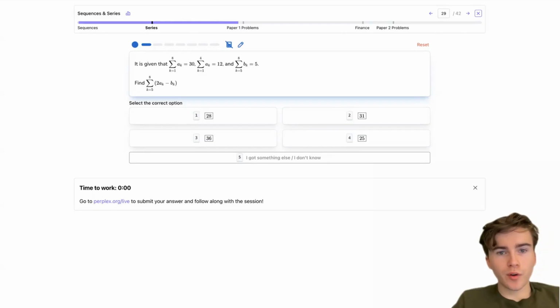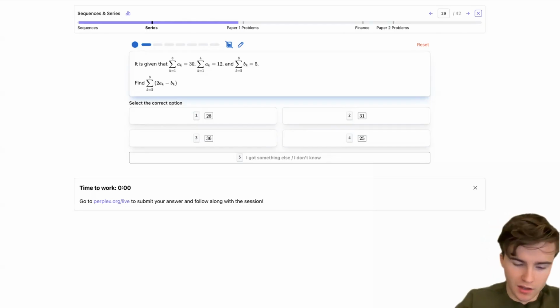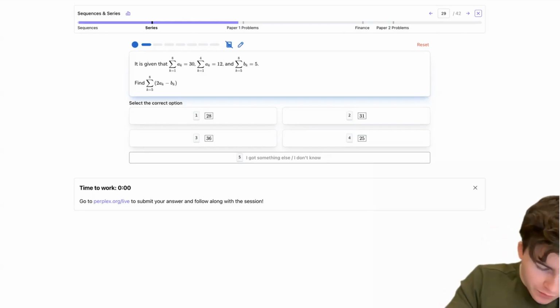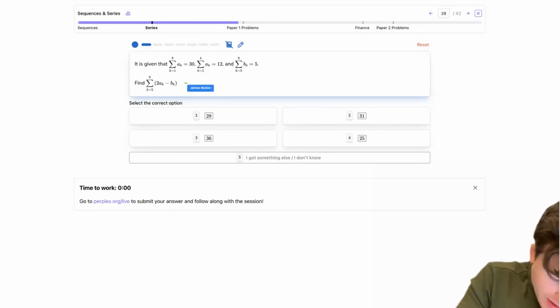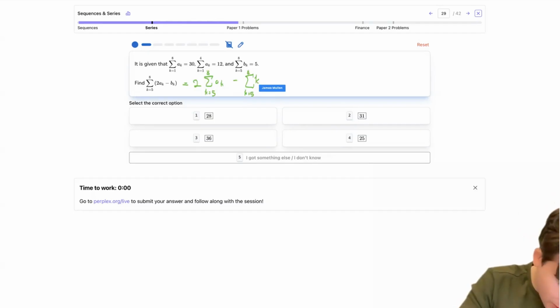So I have the sum from 1 to 8 of a_k is given, and the sum from 1 to 4 of a_k is given. And I want to find the sum from 5 to 8 of 2a_k minus b_k. So the sum from 5 to 8 of 2a_k minus b_k is twice the sum from k is equal to 5 up to 8 of a_k minus the sum from k is equal to 5 up to 8 of b_k. Not a_k, b_k.